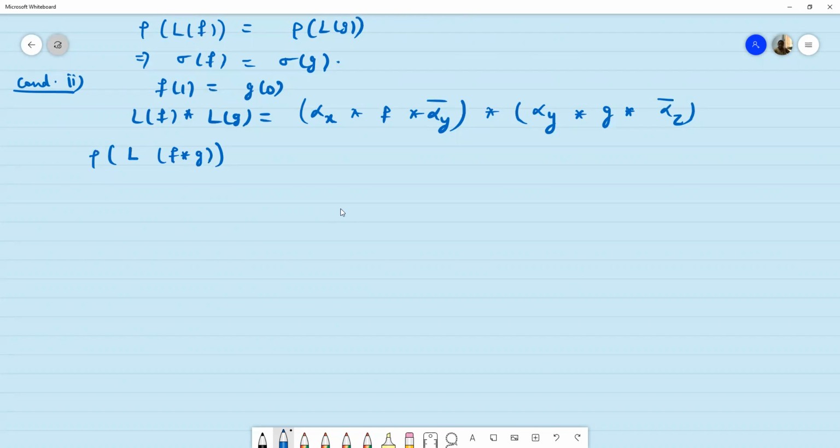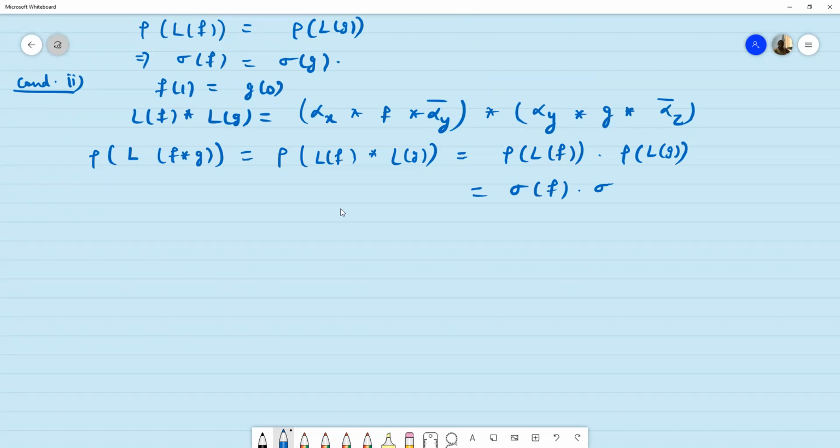This LF star LG will be path homotopic to L of F star G. So rho of LF star LG will be rho of LF times rho of LG by the second condition on mapping rho. So rho of LF is sigma F, rho of LG is sigma G, and this is basically sigma F star G. So sigma F star G is equal to sigma F into sigma G. So condition 2 is also proved for the mapping sigma.